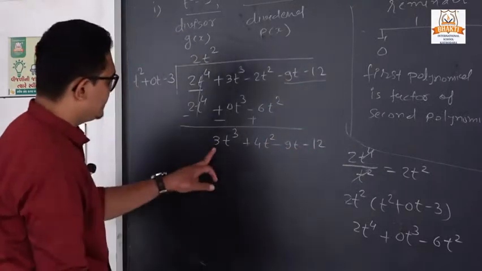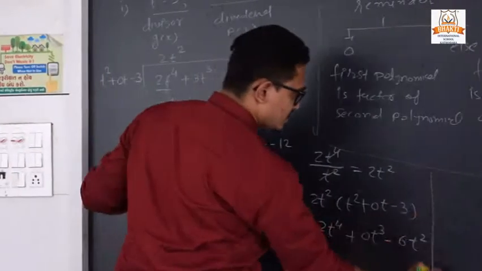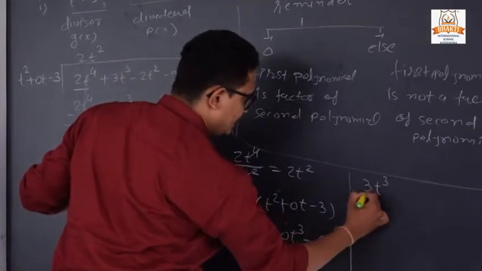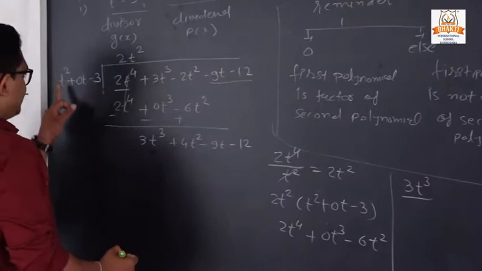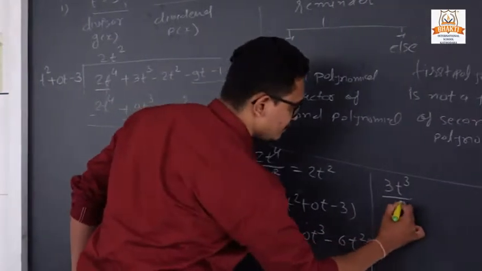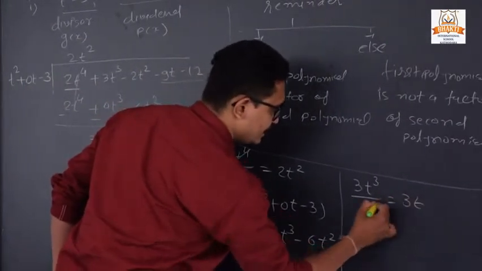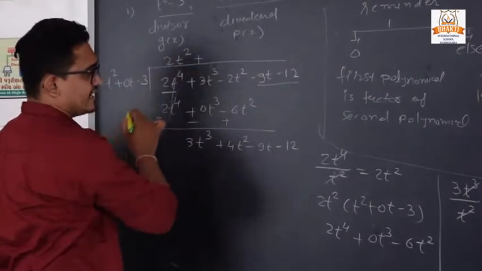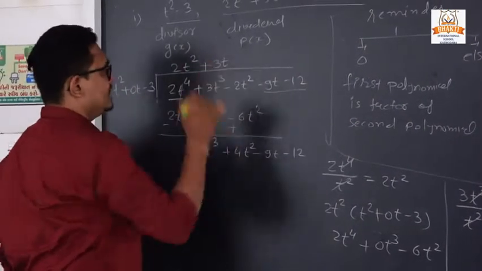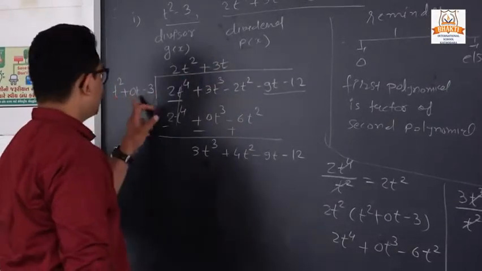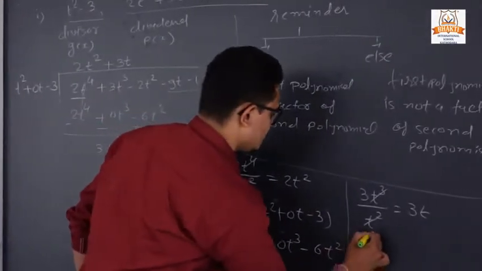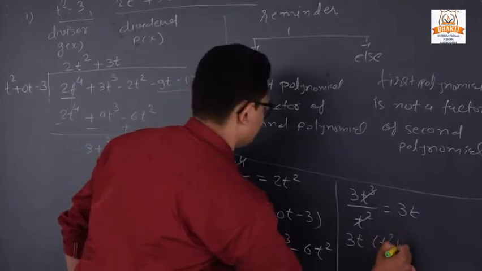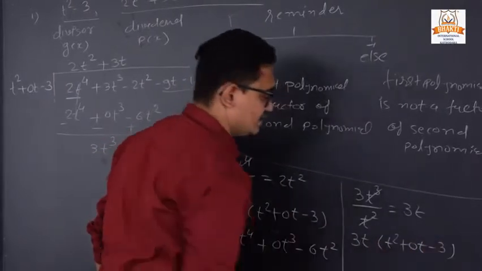Now, second step, 3t cube is once again divided by t square. The answer is 3t because t square cancels. So here we write 3t. Now 3t is multiplied with all of this: 3t in bracket t square plus 0t minus 3.